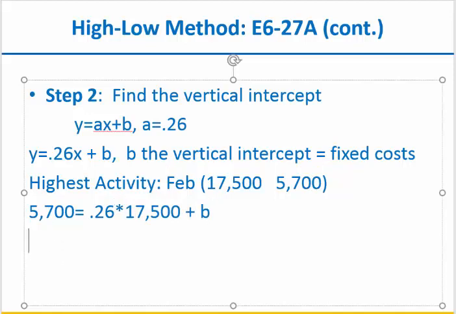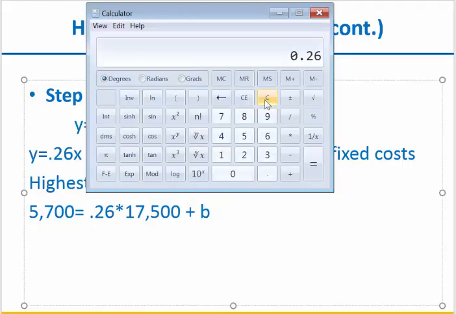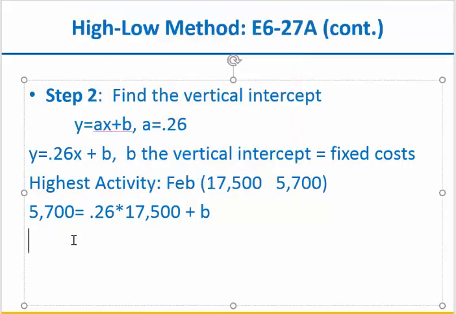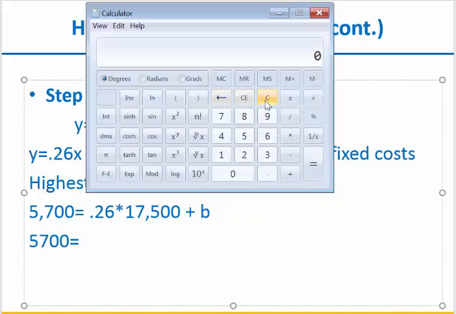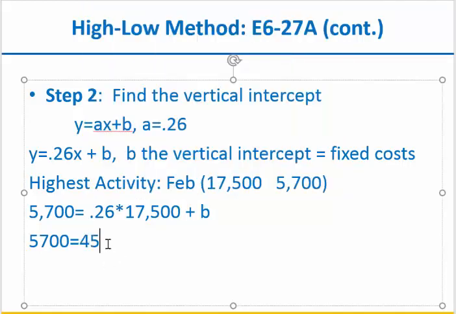Step by step, 5,700 equals, I multiply 17,500 by 0.26, I get 4,550, then plus b.